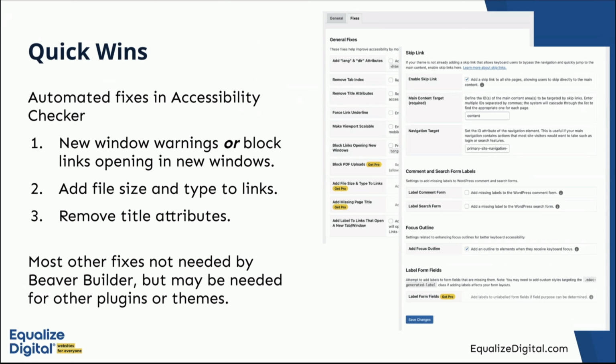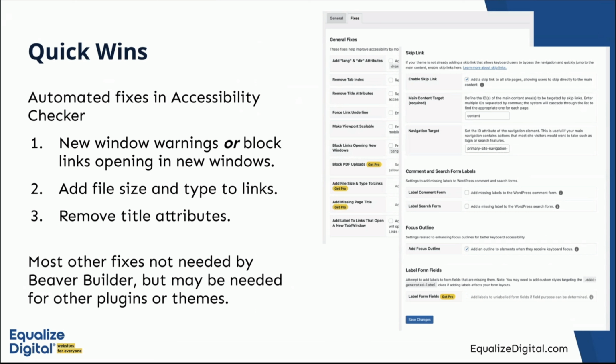The other thing that I would recommend is there is a setting that will remove title attributes from items that already have accessible names. Title attributes are not recommended anymore. They have inconsistent support with assistive technology, and in some cases, they actually cause repetitive labels or names to be read out, which can be really annoying or confusing.